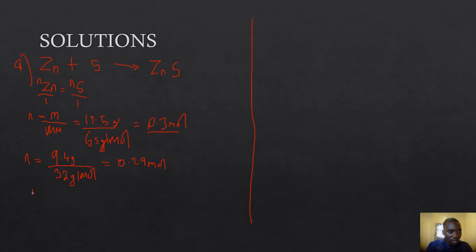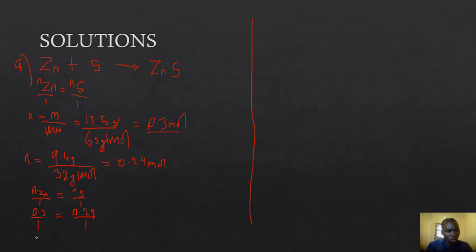Remember, the equation we are saying: number of moles of zinc over 1 should be the same as number of moles of sulfur over 1. Now, if we substitute, we are going to have 0.3 divided by 1, which is equal to 0.29 divided by 1.